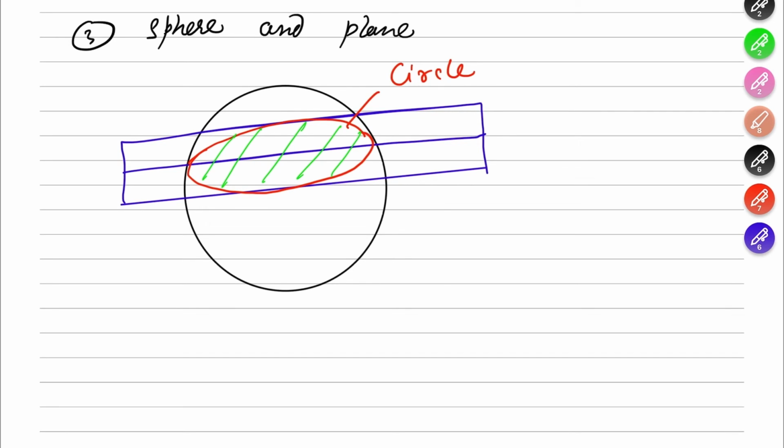Okay, so the intersection of a plane and a sphere is a circle. We'll see in geometry how the intersection of a plane and a sphere is a circle. In fact, it looks like an ellipse, but if we look at the actual figure, we'll see that it is not an ellipse but a circle.